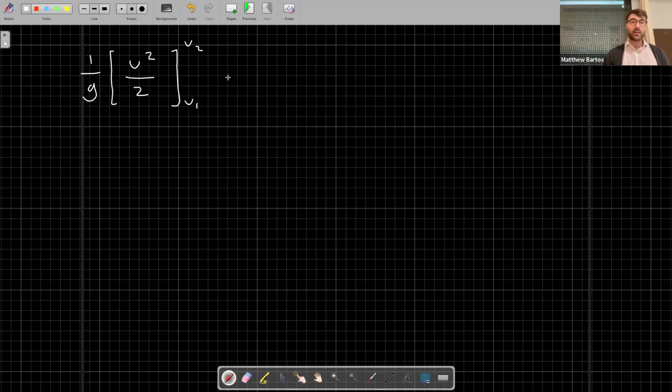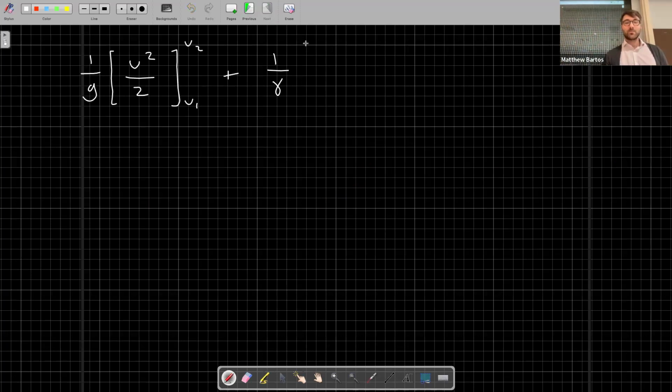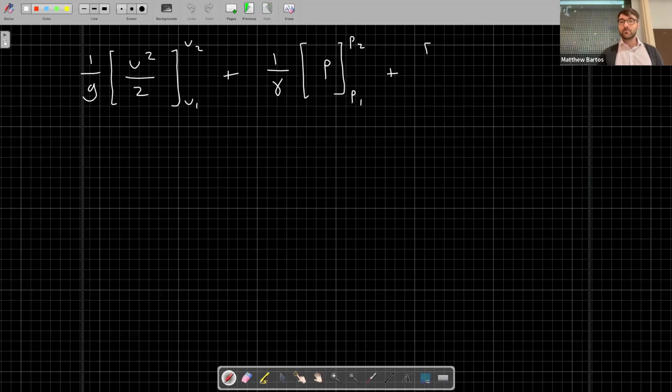Okay, the next term we have is 1 over gamma times the integral of dp. So what is the integral of dp? P. So this becomes 1 over gamma times p, evaluated from p1 to p2. Next, in a similar fashion, we have dz. So the integral of dz will be z, evaluated from z1 to z2.